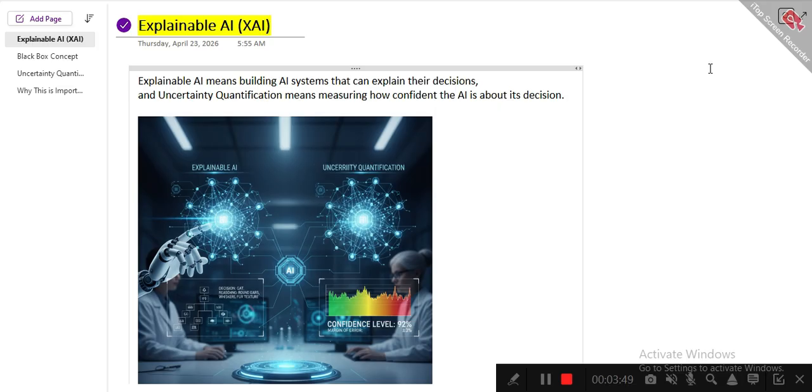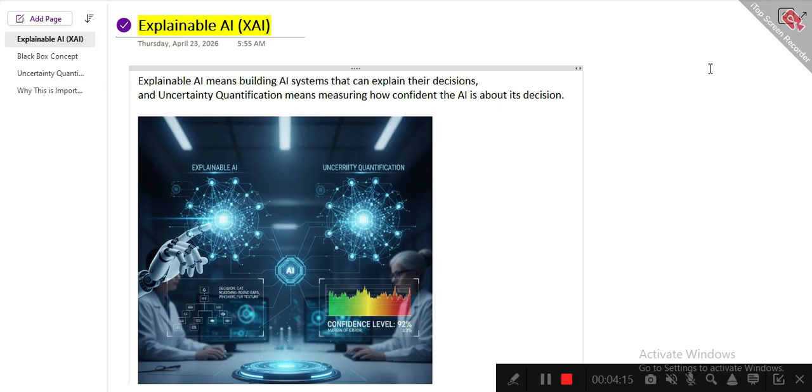Humans explain their thinking, and AI should also do the same, because explanation builds trust, understanding, and control. In a loan approval example, imagine a bank uses AI to approve loans.